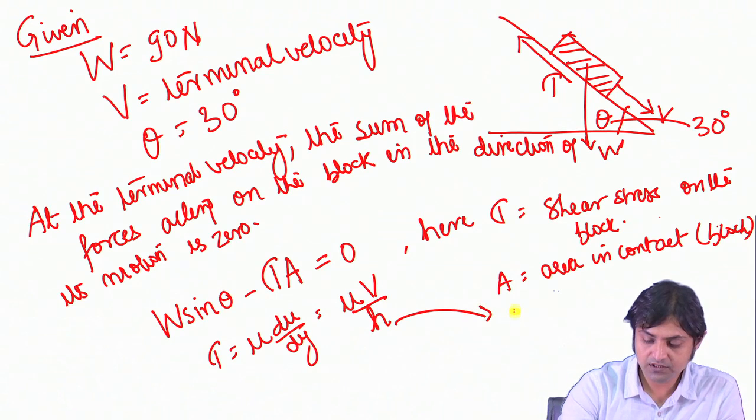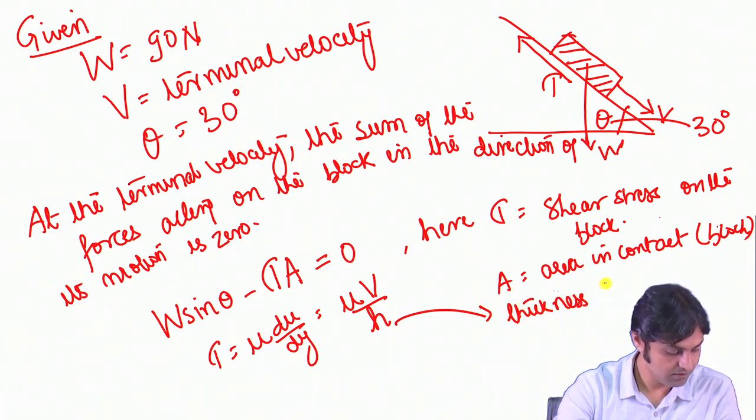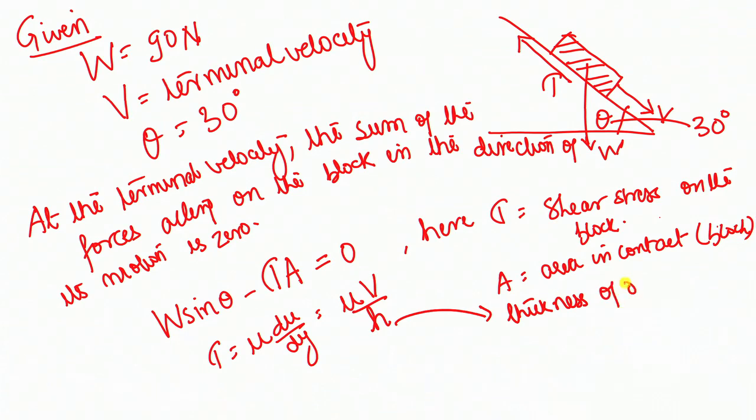So h is the thickness of the oil film. Mu is given as 8 poise, or in terms of Pascal second.